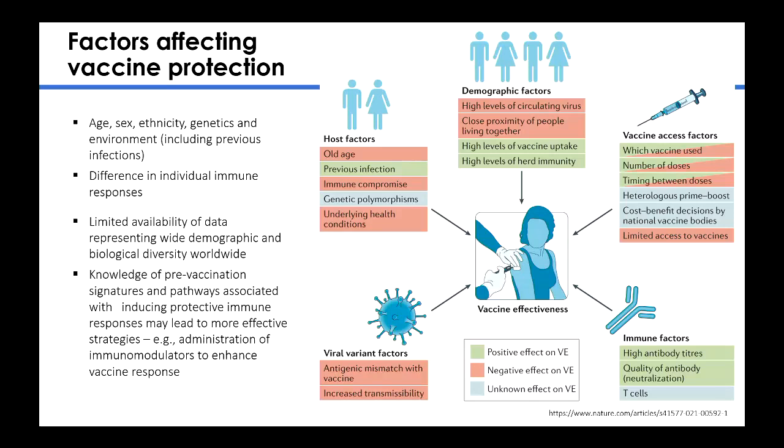So the indication for vaccination is 6 months since you have had your last vaccine, or infection, because we all know that infection also confers protection in some sense. Immune factors, so high antibodies, quality of antibodies as well, and here are some unknowns like the T cells, which we know a bit more about now, but positive, negative, and unknown effects.